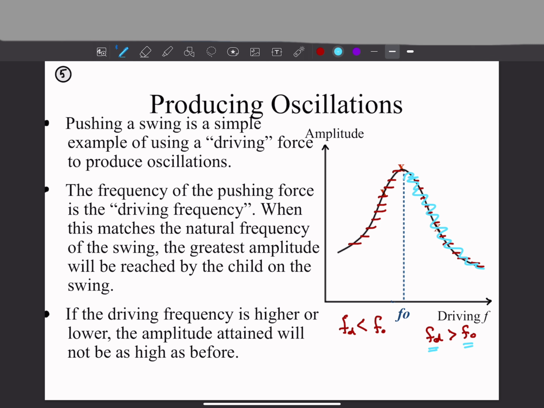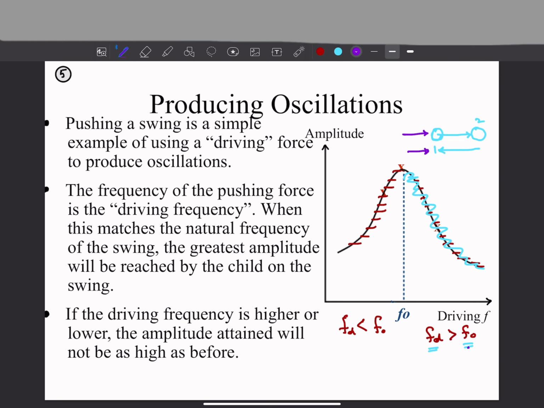Suppose you have a body going from, say, position 1 to position 2, and then coming back. Your driving force is acting on the body. When the driving frequency is greater than f naught, what will happen?